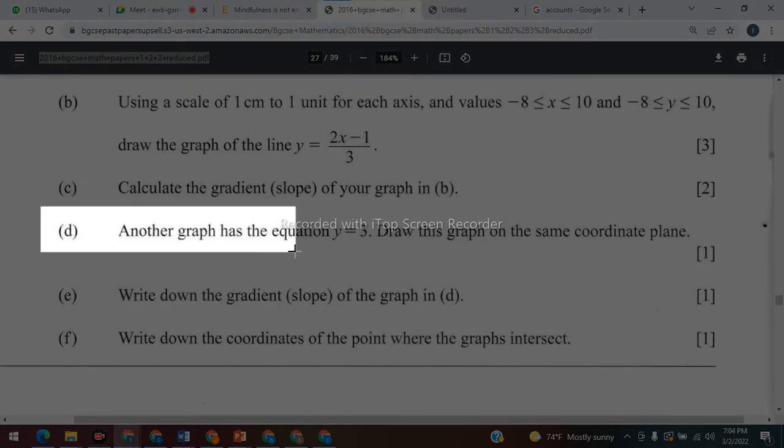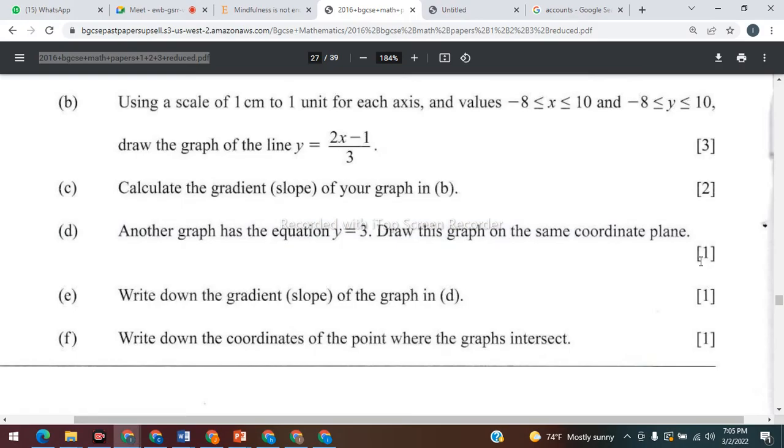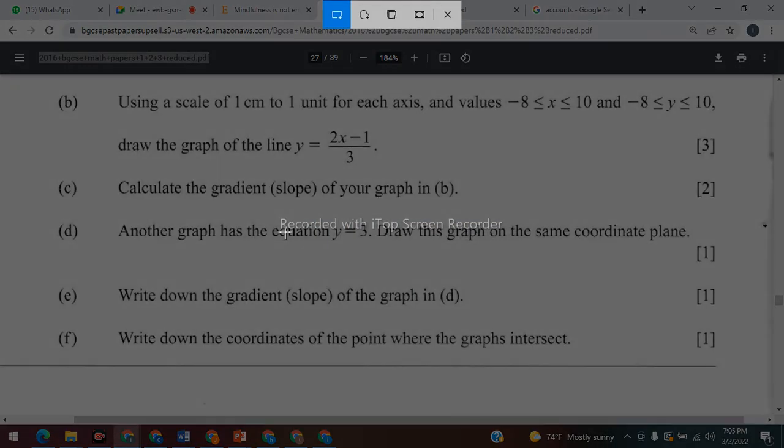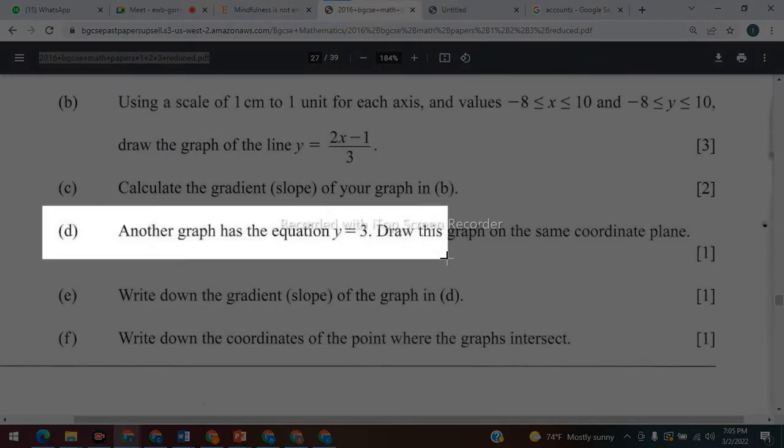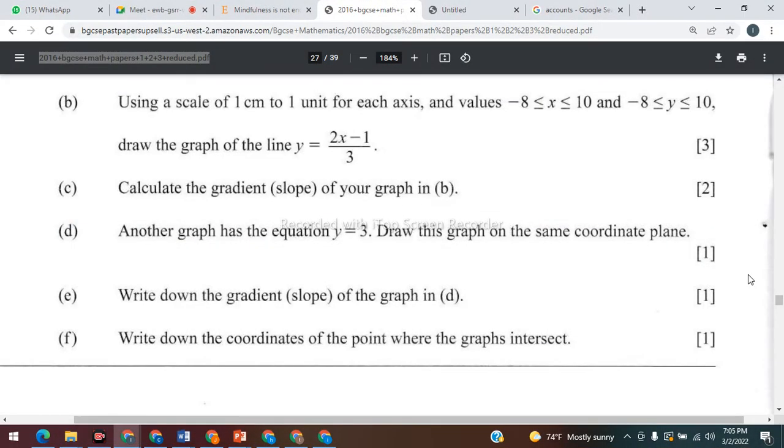This is D. Another graph has the equation y equals to 3. Draw this graph on the same coordinate plane, on the same one, right, Ms. Cooper? The same one.